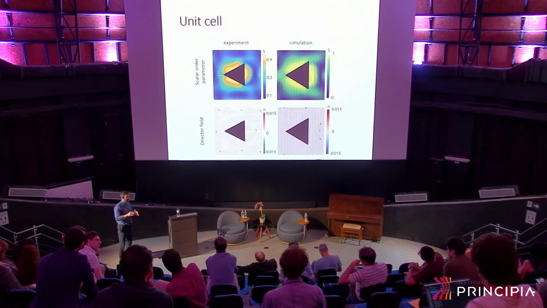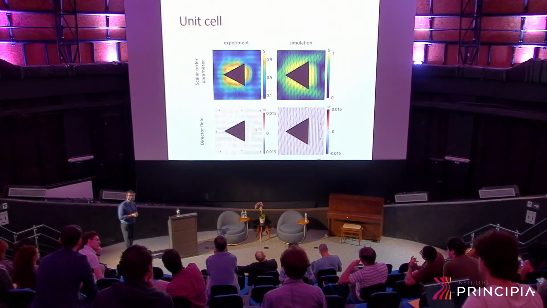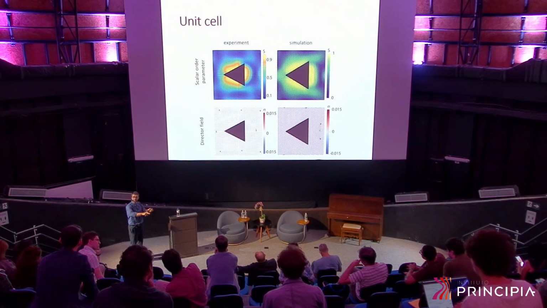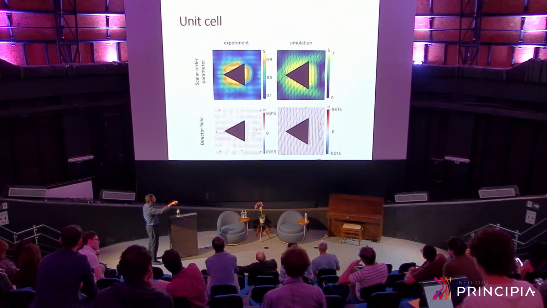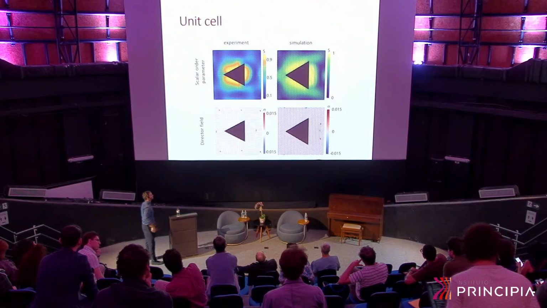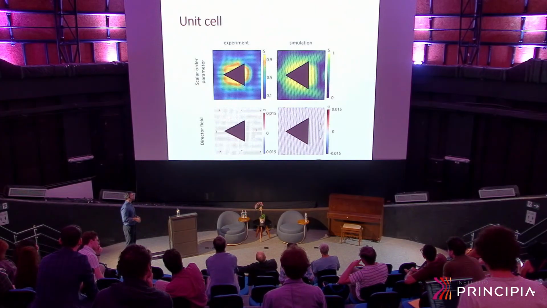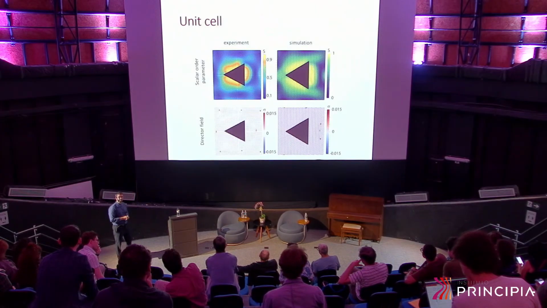We have the same proportion of negative and positive defects, and then you solidify this region. I tried to do the same in the simulation as well. So although you cannot see it, there is a director field also inside the obstacle. And I actually measured the number of defects, the positive and negative ones, and they were the same.